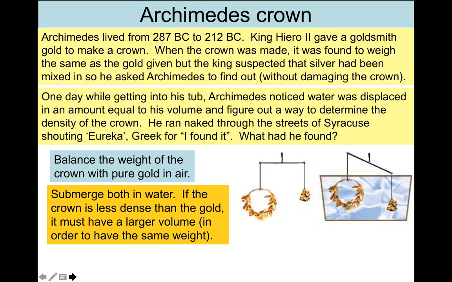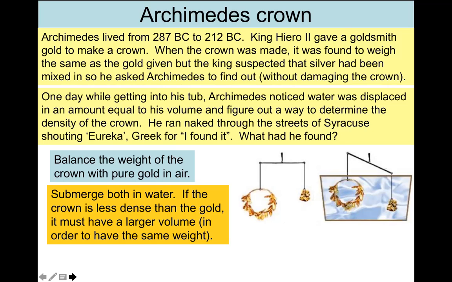That volume will show up when you put it in water because they will displace that much volume of water. As a result, they will feel a different kind of buoyant force. The one with a bigger volume, in this case the crown, will have a bigger buoyant force. The buoyant force is rho g times V, the volume that you displace.